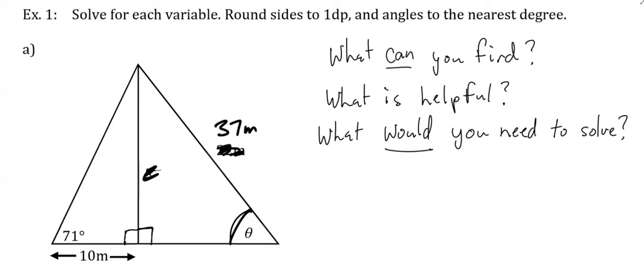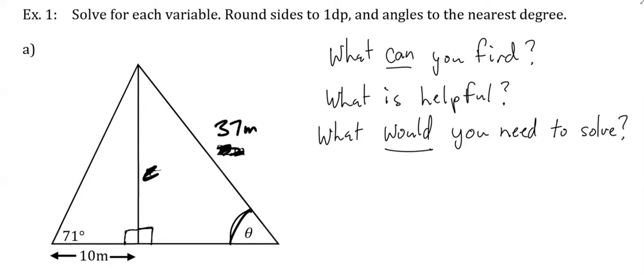So then I would ask, well, with this side length and this angle, what could I find? I can't find theta. What could I find? So I could find this, which is x, very good. Even if x wasn't there, you might have to find it anyway.